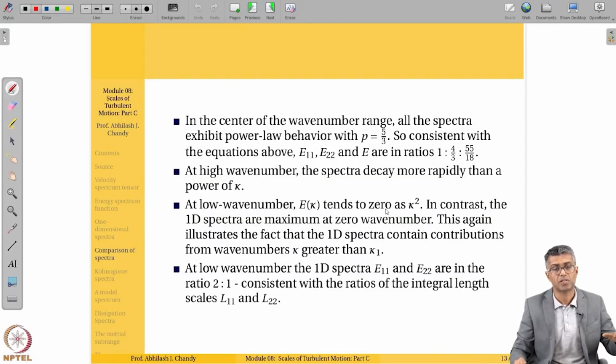So, consistent with the equations above, E11, E22 and E are in the ratios 1 : 4/3 : 55/18.